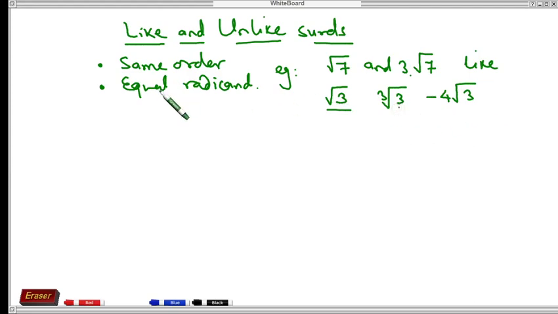Here also 3. The radicand is clear, means same. And the order: 2, 3, 2. So first and third may be like, but first and second, and second and third, are unlike because the order is different. Radicand is same but order is different. Sometimes the radicand may be different and the order same, like this root 5. If we compare these two surds, their radicand is different but the order is same. In this case also they are unlike surds.